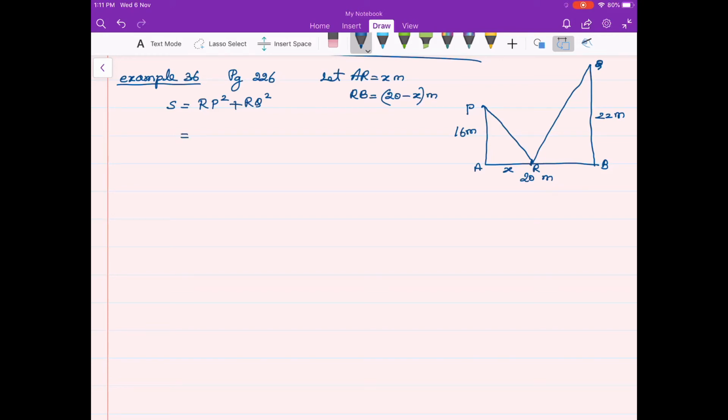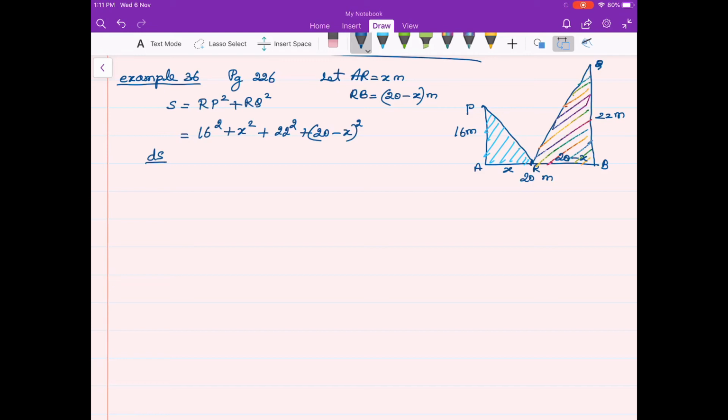RP square using this triangle will be 16 square plus x square, plus RQ square using this triangle, this length is 20 minus x. Therefore, it is 22 square plus 20 minus x the whole square.